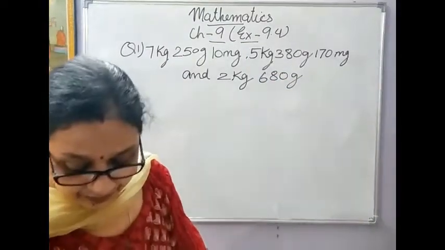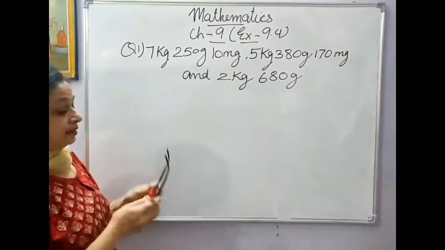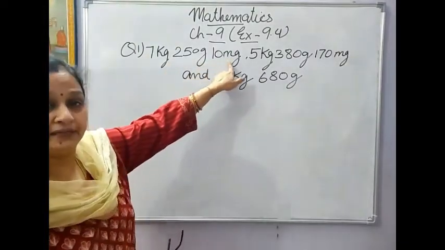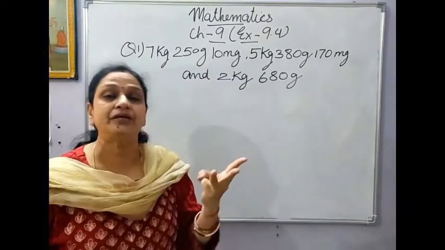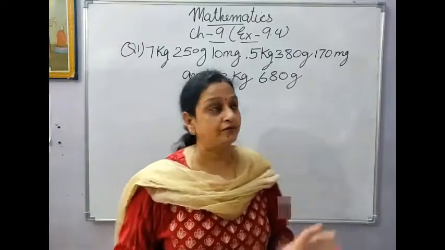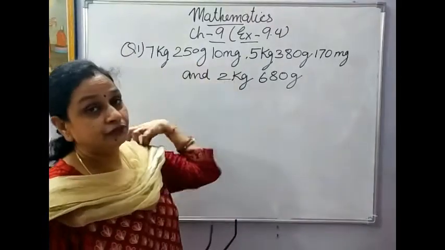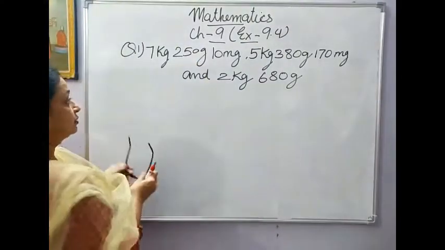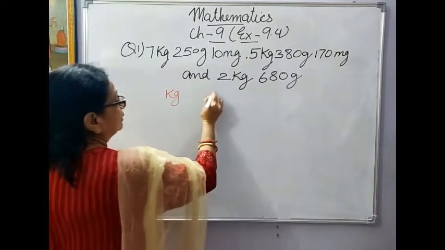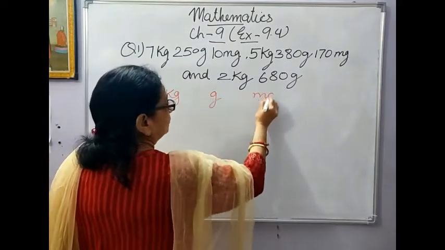Okay, same way. Now children, see here, how many units in one sum? Kilogram, gram and milligram. That means there will be 3 columns. First of all, you will see how many columns you have to make. Since there are 3 units, you will make 3 columns over here. So it will be kilogram, gram and milligram.